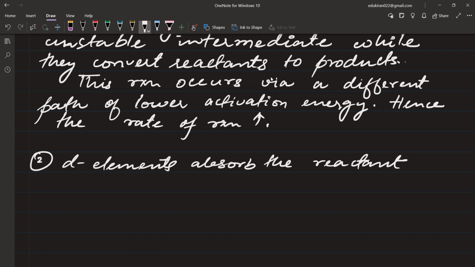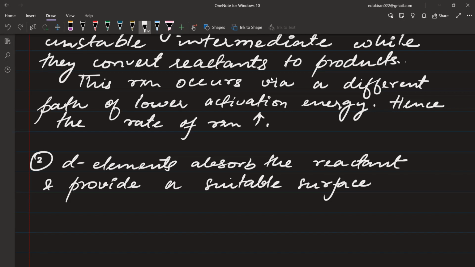Whenever we are using a catalyst, we always use a powdered form, and in the powdered form, they absorb the reactant and provide a suitable surface for the reaction.